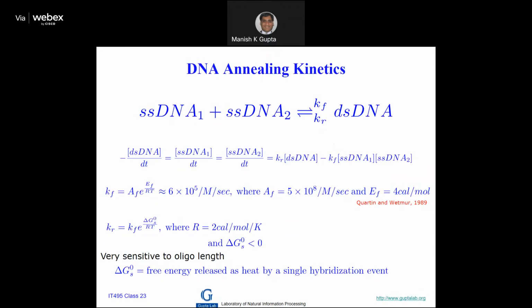In terms of rate, of course, you can describe the equation in terms of this. So this is our KF, the forward rate of reaction, actual formula, and the reverse rate of reaction. All these calculations are very sensitive to the oligo length, the size of the strand. Delta G is the free energy released. So this is the actual formula.